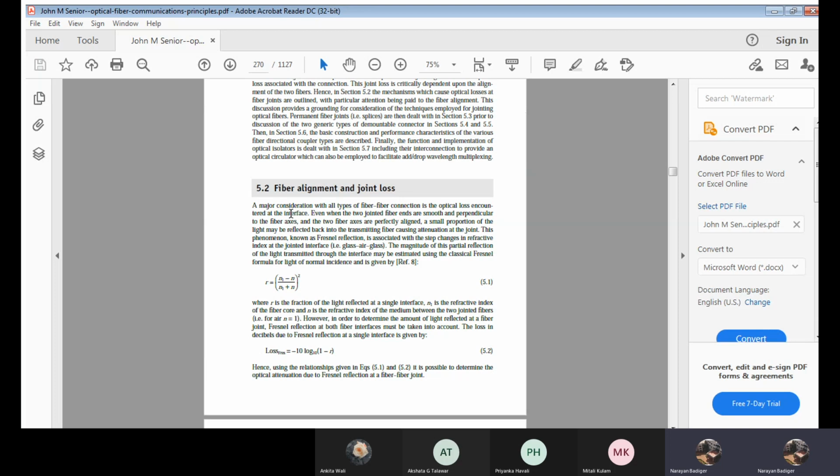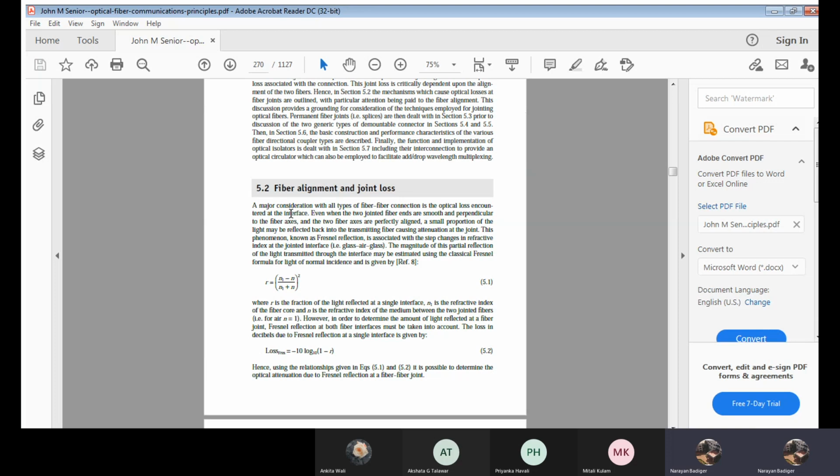Okay, theoretically we may say there may be no such losses, or no such reflection loss, but practically some amount of light wave will reflect back into the transmitting fiber, or the first fiber. Correct? So this phenomenon we will be calling Fresnel reflection. Okay, I hope you have heard of Fresnel, Fraunhofer, all those. Correct?